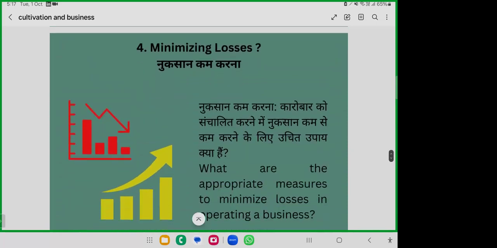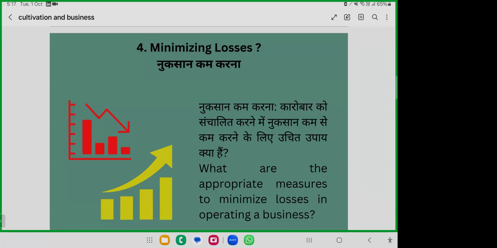Then fourth is minimizing losses. When we talk about minimizing losses, what are the appropriate measures to minimize losses in operating the business?